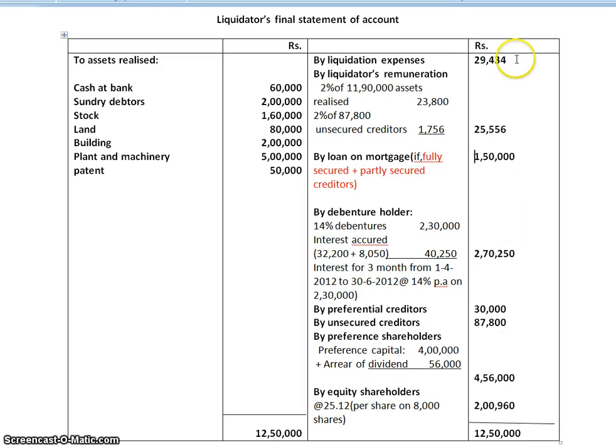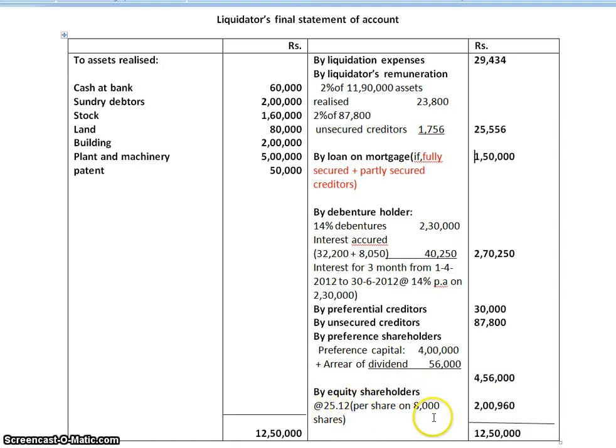After paying all these liabilities, the amount left is 2 lakh 960 rupees. This 2 lakh 960 rupees will be divided among the equity shareholders.